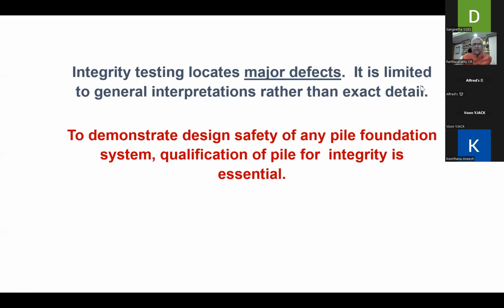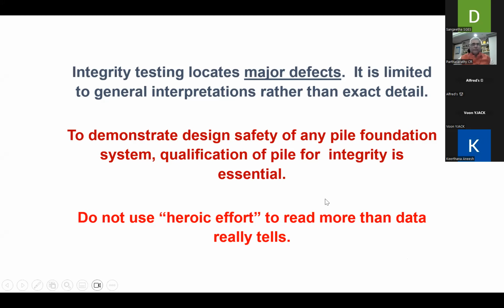So this PIT will help us to locate major defects. It's limited to general interpretations rather than exact details to demonstrate the safety of any pile foundation. Qualification of the pile for integrity is essential. So let us not use any heroic efforts to read more than what the data really tells us.